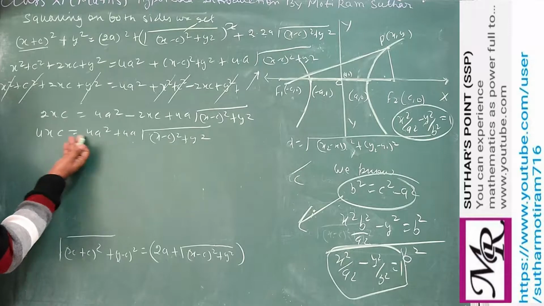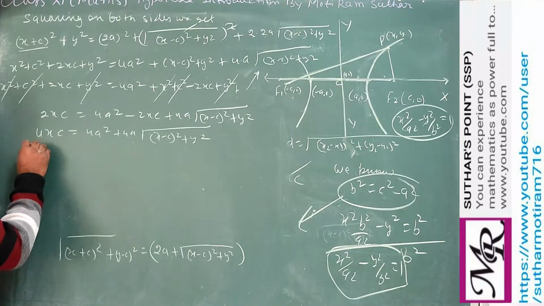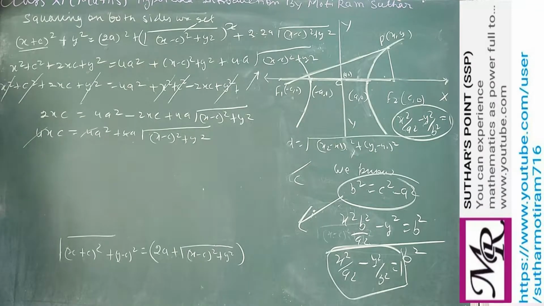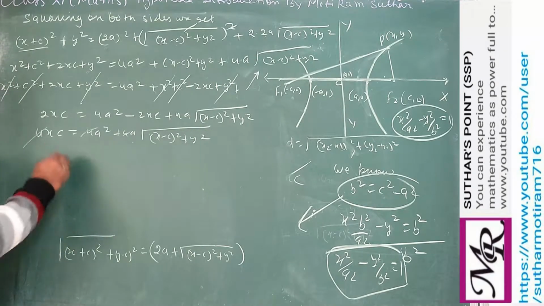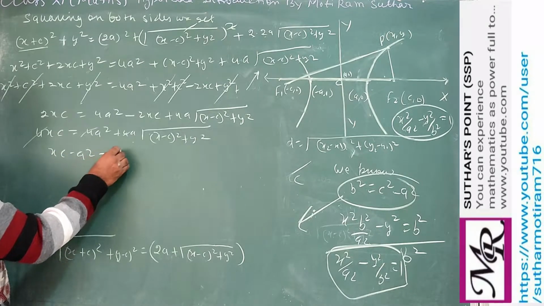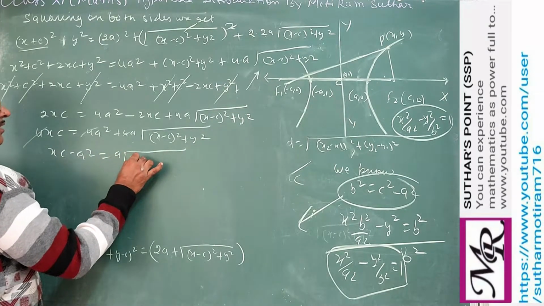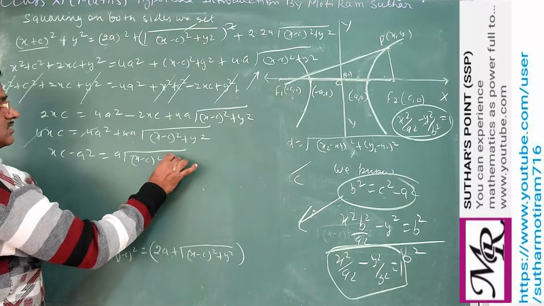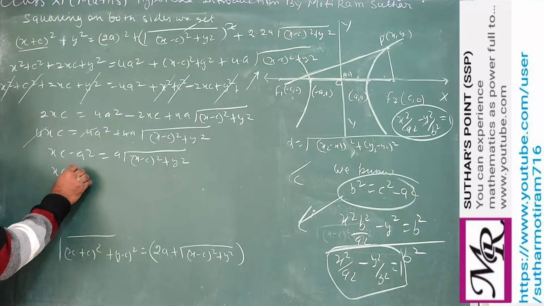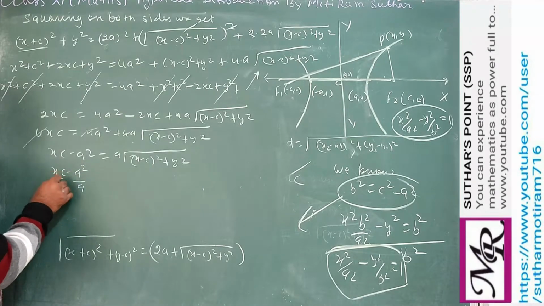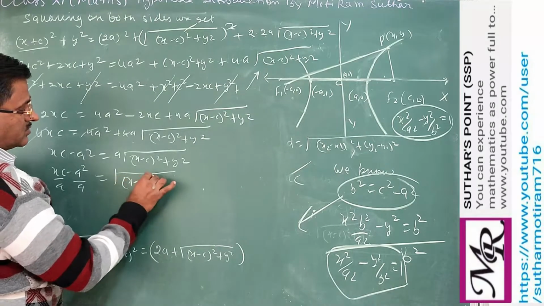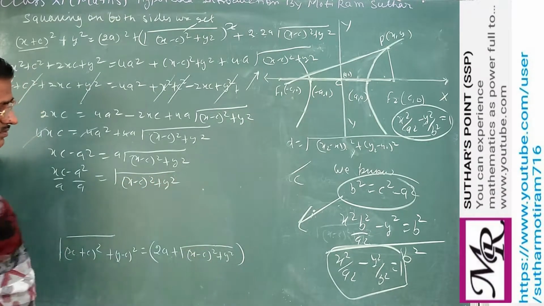Now throughout, divide by 4, so 4 is cancelled out. What we get: xc, now a square transferred to this side, equal to a root of (x minus c) whole square plus y square.